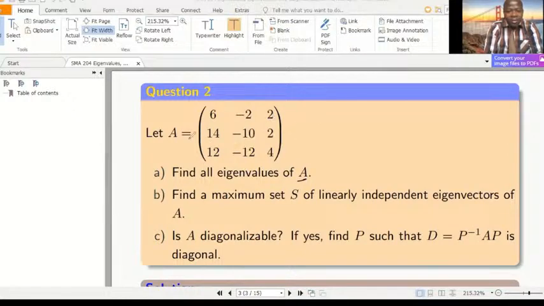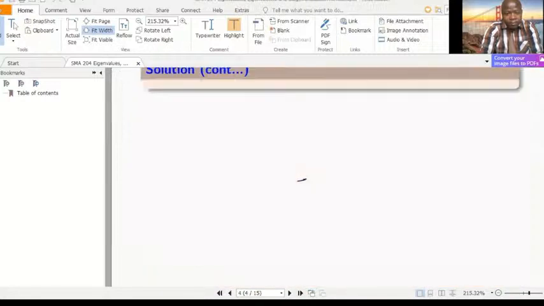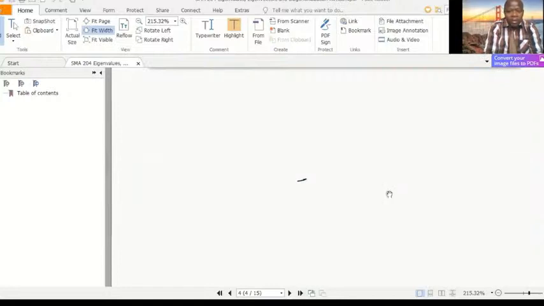Straight away we shall find the characteristic polynomial of A, then equate it to 0 and solve for lambda. Let me create some space here for our working. I first of all want to write our matrix A here so that as we determine the characteristic polynomial, we know what we are doing.